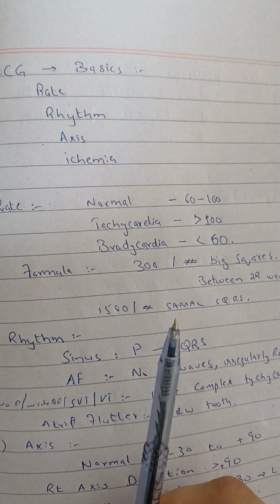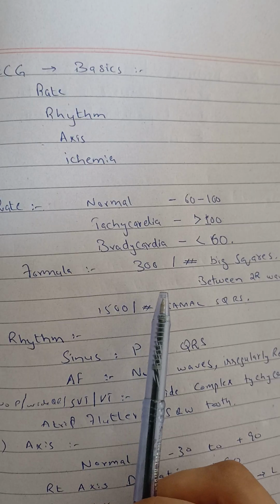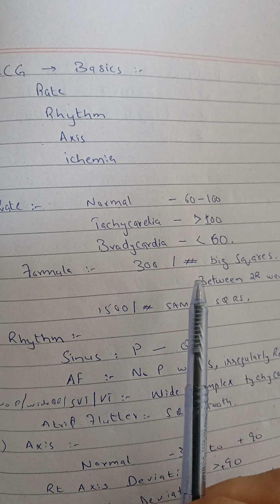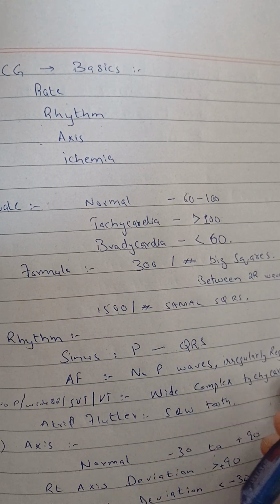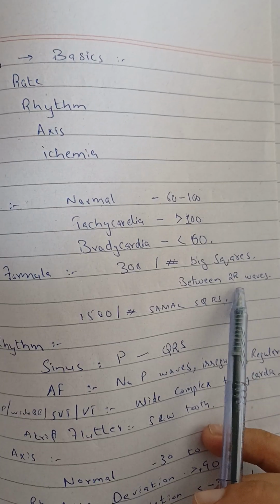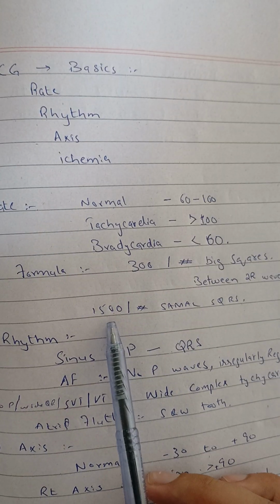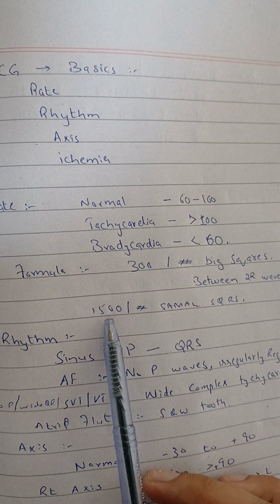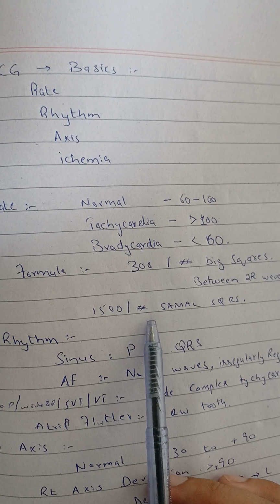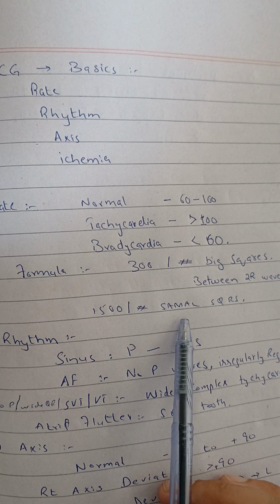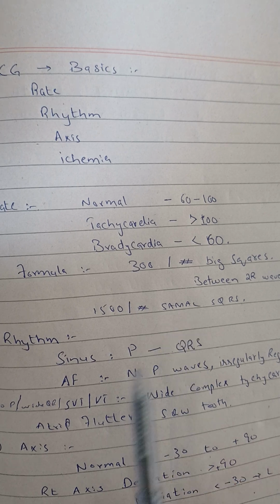For rate we take 300 divided by the number of big squares between two R waves, or the other formula is 1500 divided by the number of small squares.